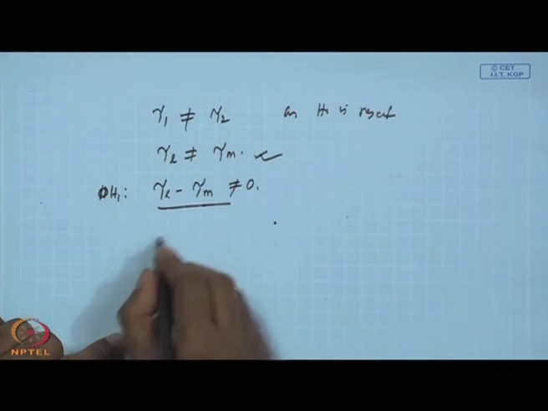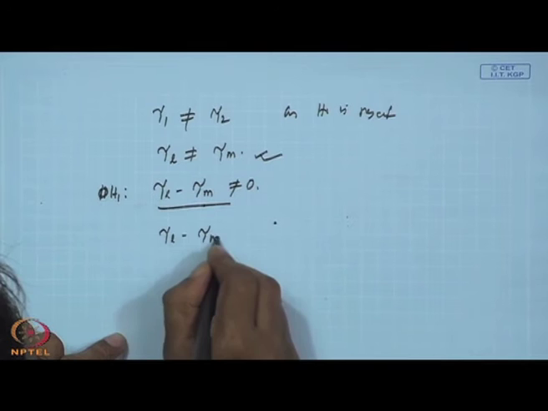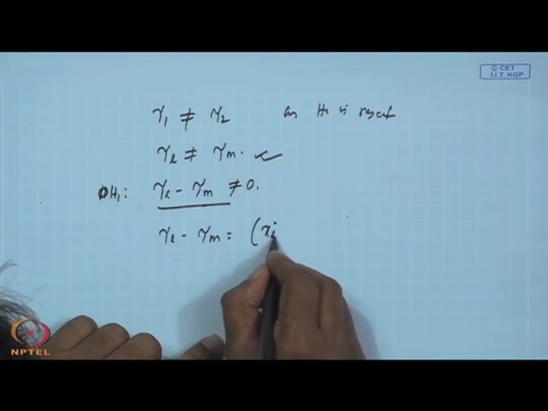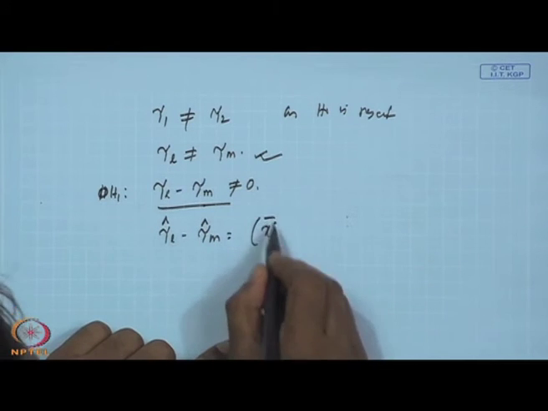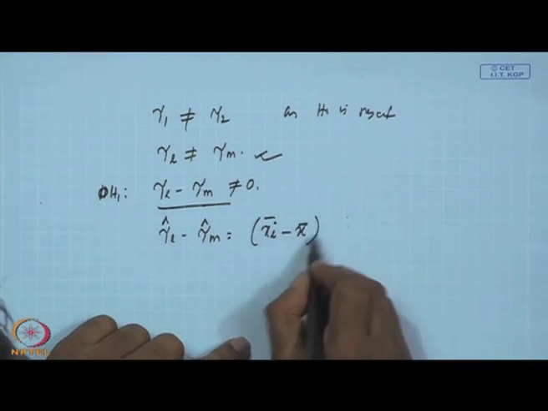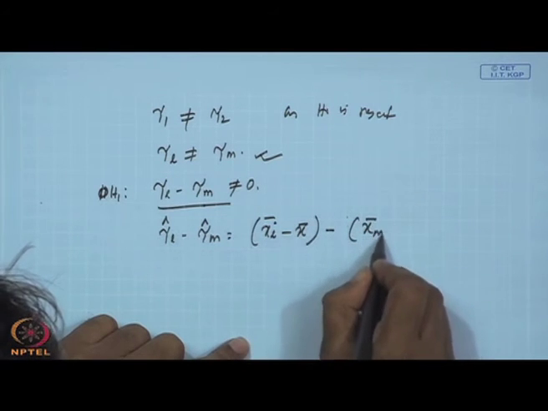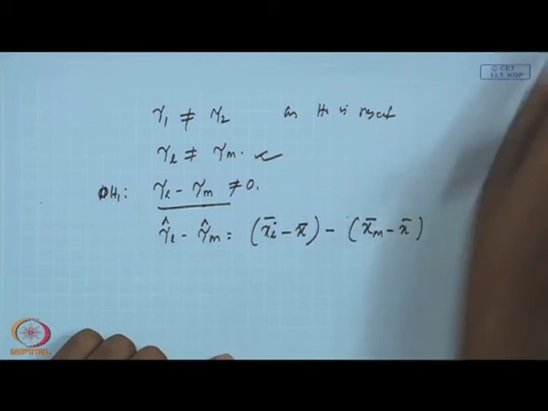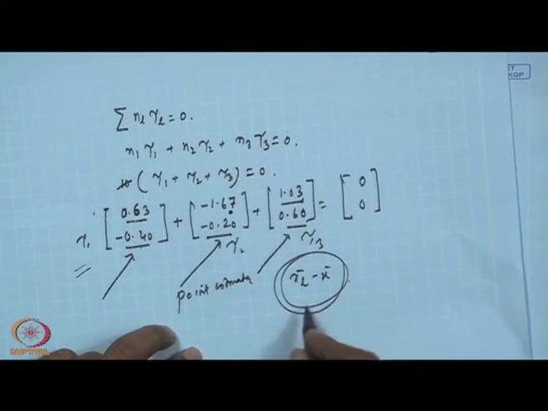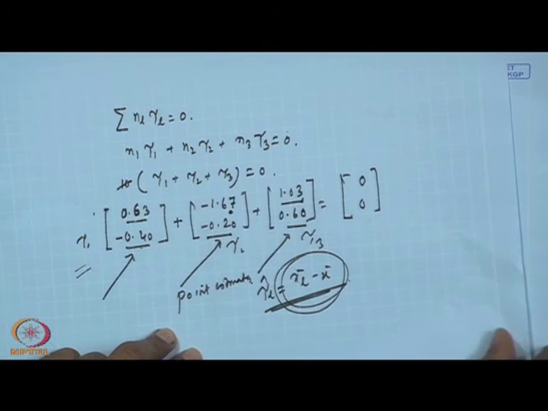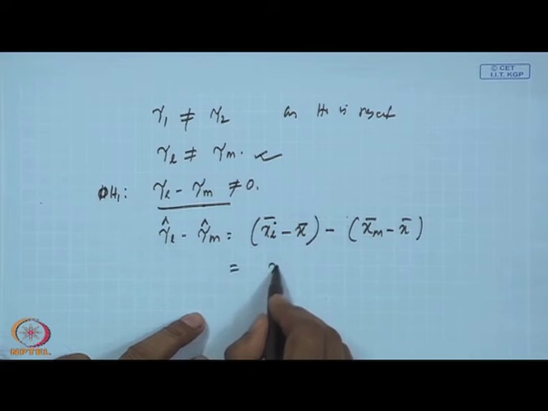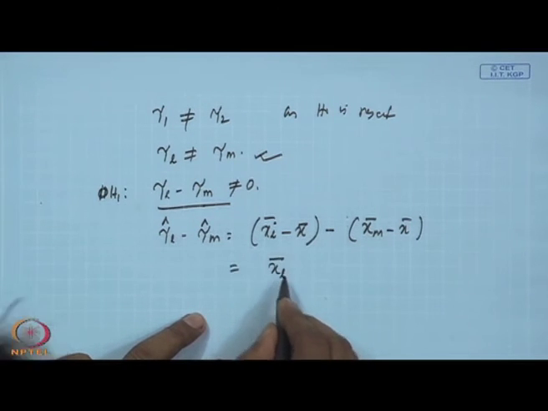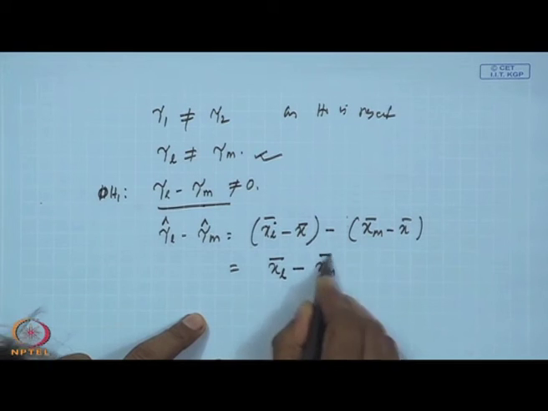So, now tau L minus tau m can be written like this: XL bar, I am taking the estimate, XL bar minus X bar minus X m bar minus X bar. Please see here what I said, that tau L is every population mean minus the grand mean. So, then this one is XL bar minus X m bar.